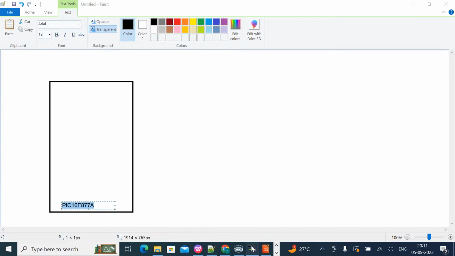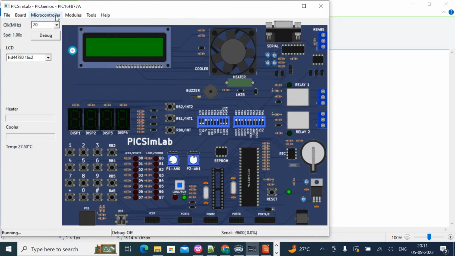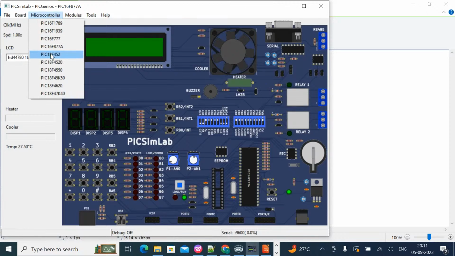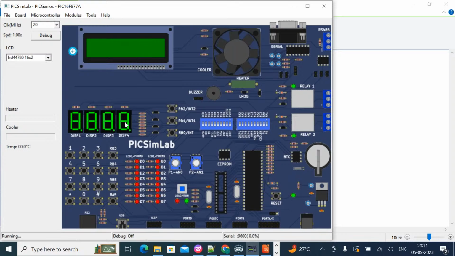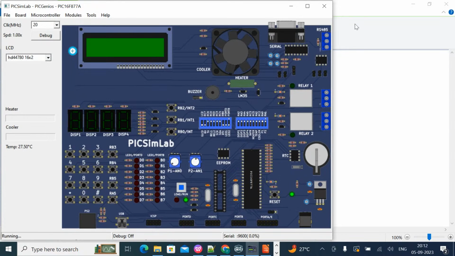If you open this PIC lab board, it has a list of microcontrollers which it supports. Among this list, this board works perfectly fine with the PIC16F877A. That's why I selected this particular microcontroller.